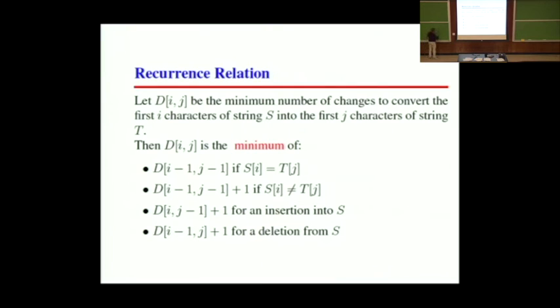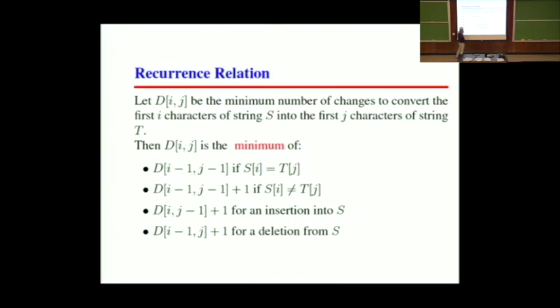Or we could have chosen to delete from the first string, in which case we have one less character from here and a full-length string here. What is the minimum number of changes to match the first I characters of S to the first J characters of T?